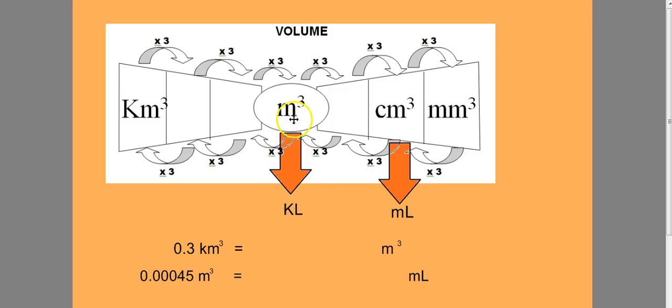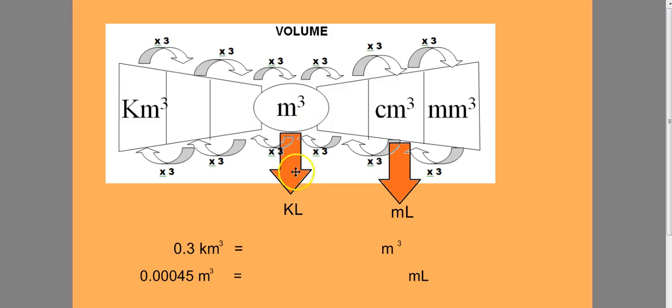And I've added a little extra here as well, because, as you know, volume and capacity are related. Capacity is talking about fluid, mainly the fluid contents of three-dimensional shapes, and it's measured in milliliters, liters, kiloliters, and they are related to two of our units in our bow tie.